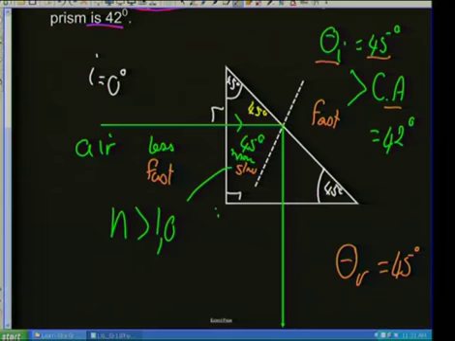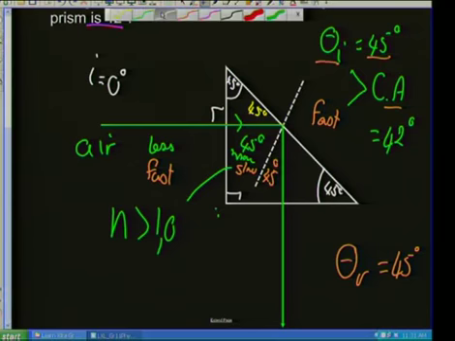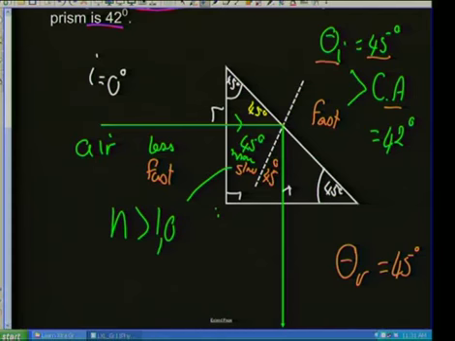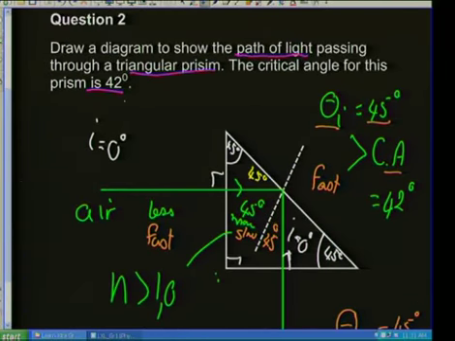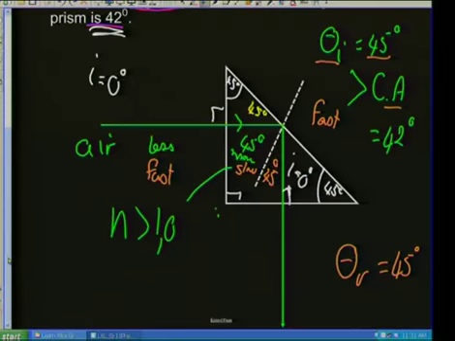If it forms a 90-degree angle, this angle is 45 degrees. It means it's going to be at 90 degrees to the other surface. And look what's happened. It's going to go straight out because the angle of incidence here is 0, and 0 is less than the critical angle. So it doesn't bend back inside, it goes straight through.